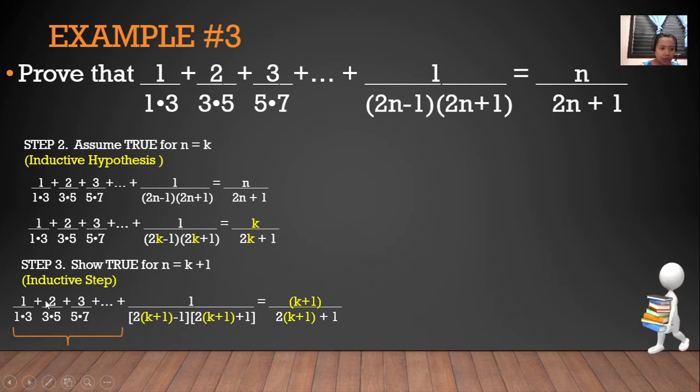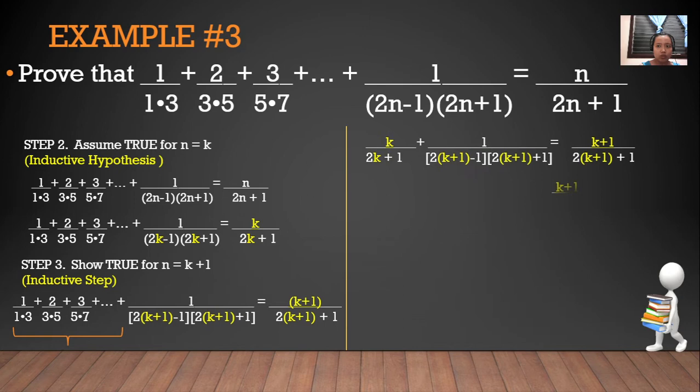This part here will be changed to the step number 2, which is equal to k over 2k plus 1. So let's continue. We'll have this part becomes k over 2k plus 1, as what I have said a while ago. And then let's copy.